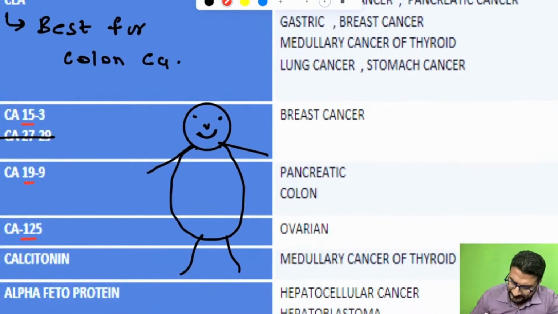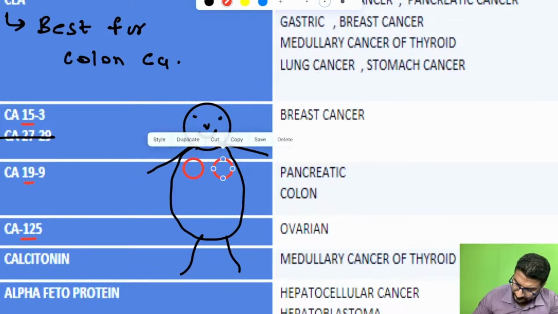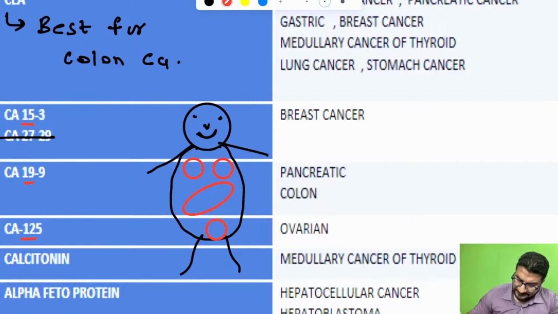So understand this thing. Similarly, when you see a female body, so first you will see breast. तो पहले ब्रेस्ट आ रही है, तो 15, then you will see colon pancreas, and ultimately you will see ovary. So understand this thing, अगर आप नंबर देखोगे पहले 15, 19, 125.